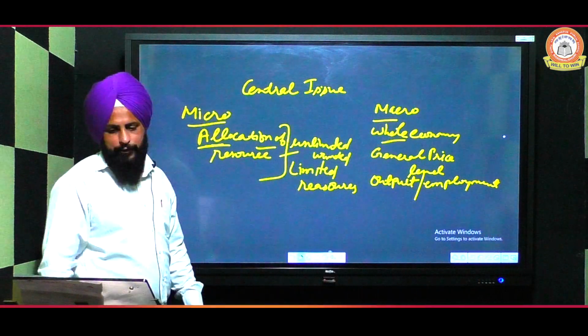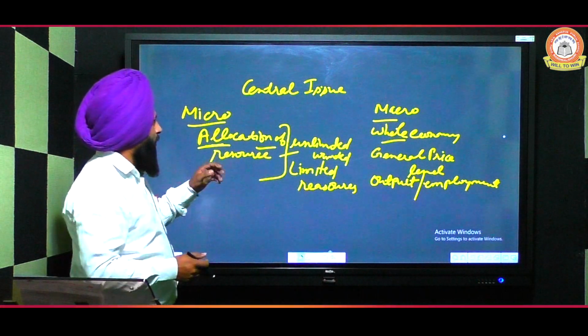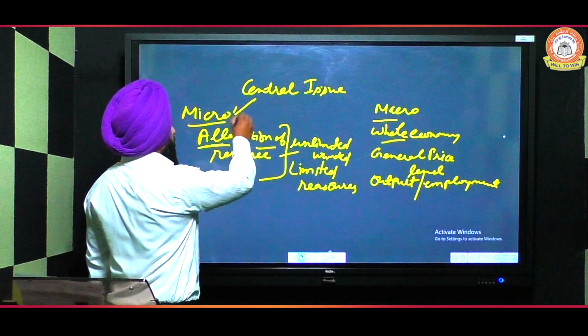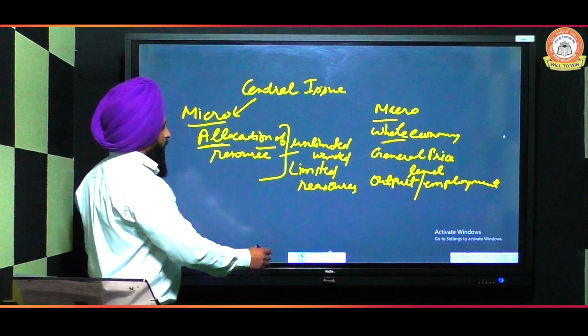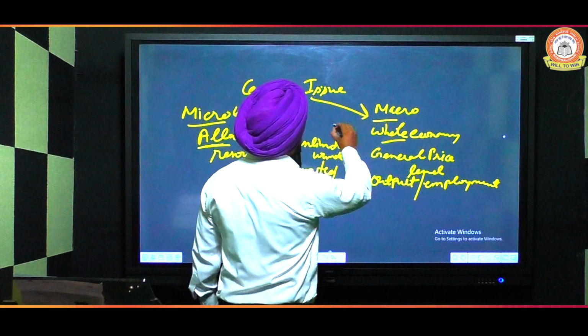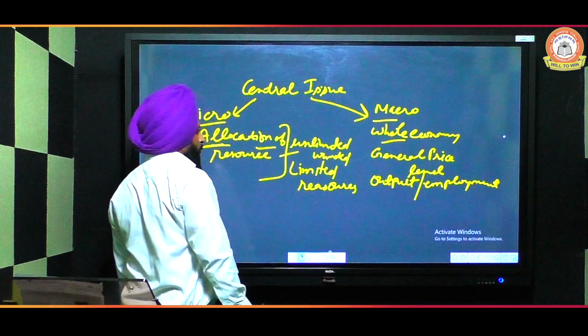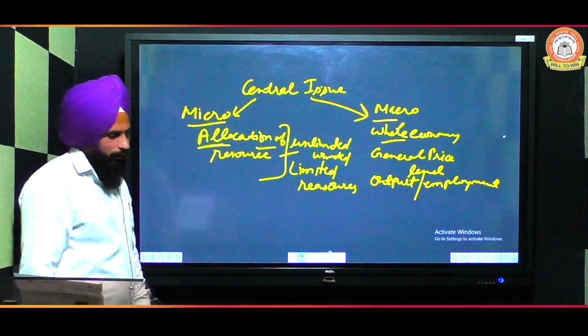So both have different central issues. The central issues of micro deal with a single firm or a household, and the central issues of macro deal with the economy as a whole.